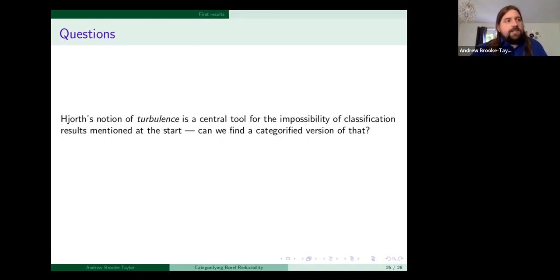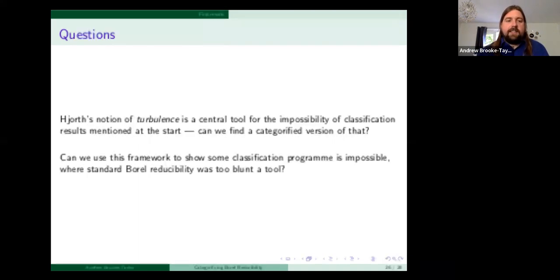Some bigger questions: these impossibility of classification results that I motivated all of this with generally use Hjorth's notion of turbulence. So can we find a categorified version of that? That is something I would love to figure out. I'm hoping to spend some time thinking about that.